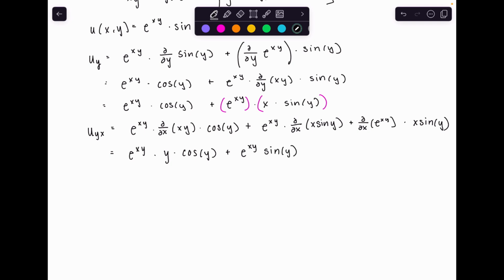Okay. And then for this next one, when I differentiate e to the xy, we get exactly e to the xy. And then chain rule, I've got to take the derivative of the exponent. And then the x sine of y stays attached.